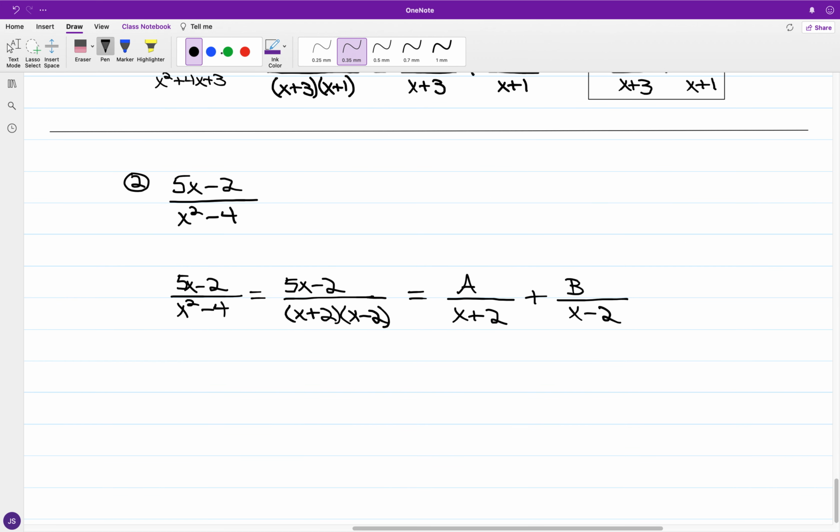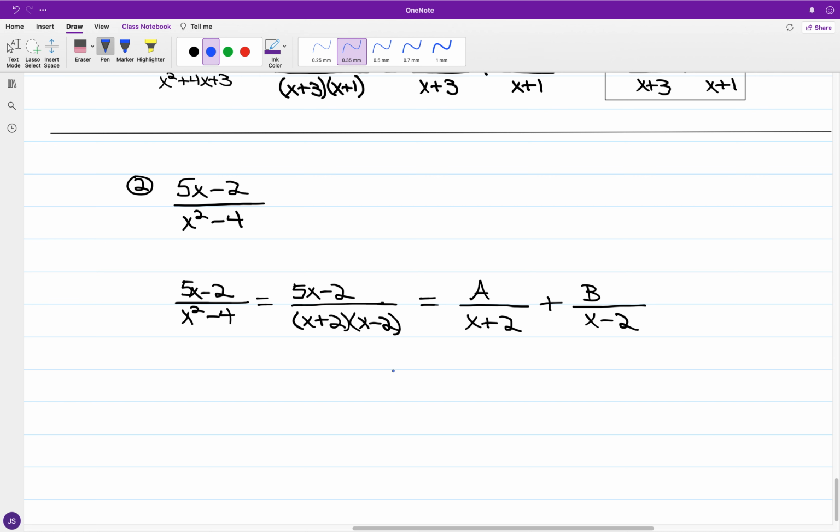And so just looking at taking what we have here, getting out of the fractions, multiplying the equation by both x plus 2 and x minus 2.